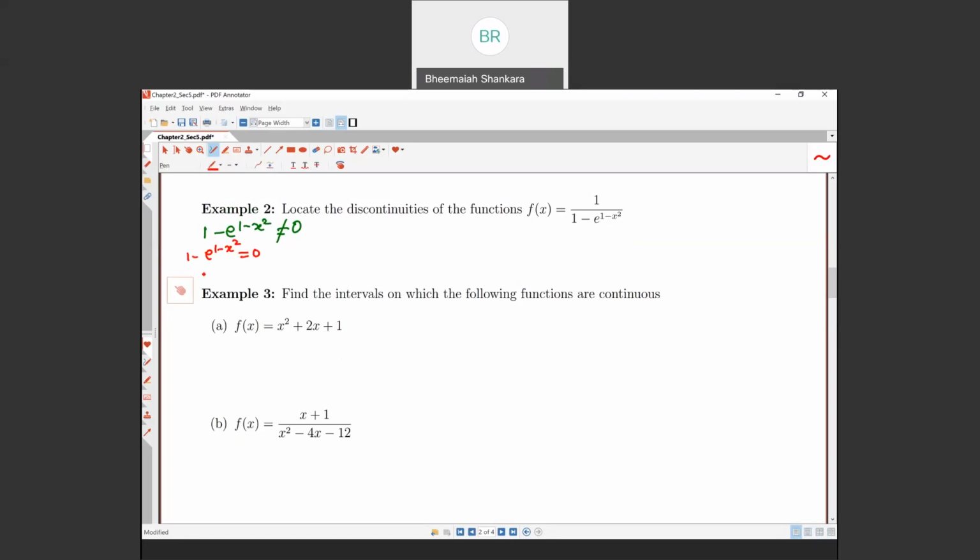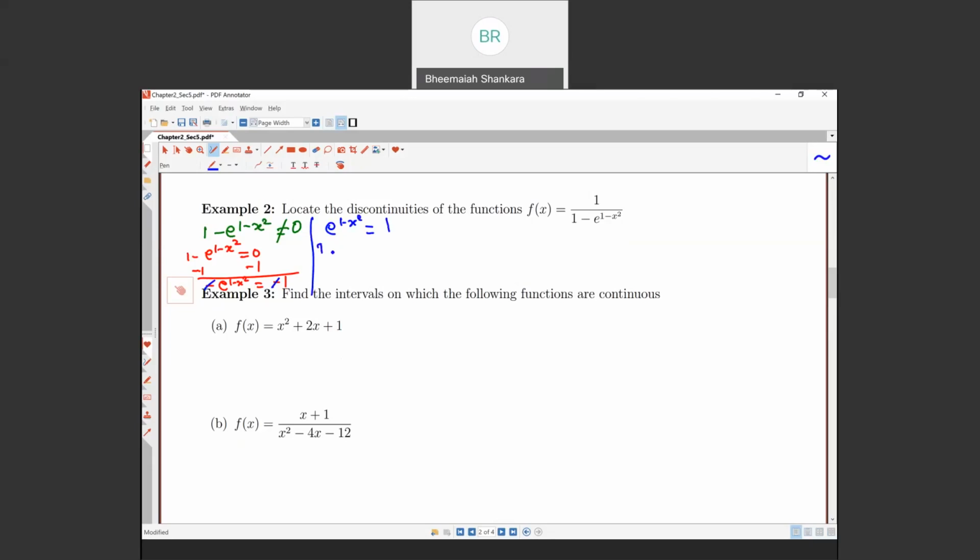Now add 1 on both sides. Rewrite this equation: exponential 1 minus x squared with a negative sign equals negative 1. You have a negative on both sides, you can cancel them. Now you can write exponential 1 minus x squared equals 1.